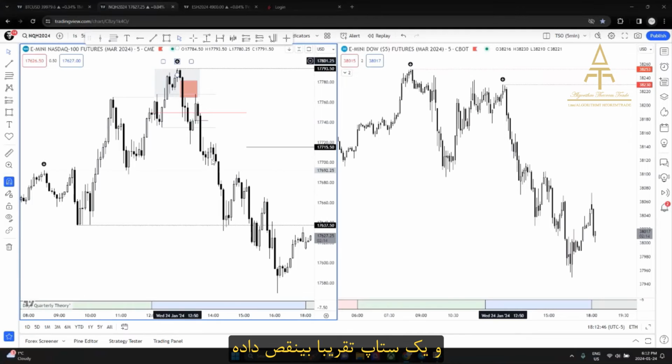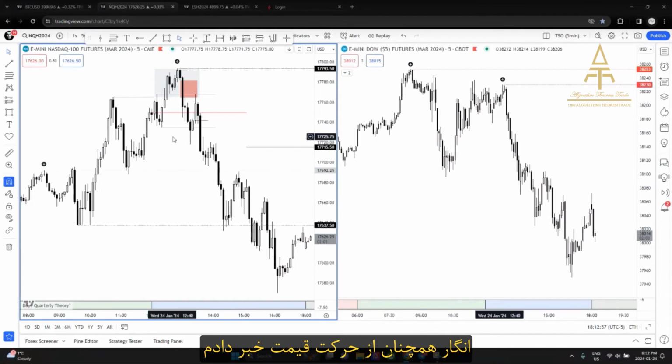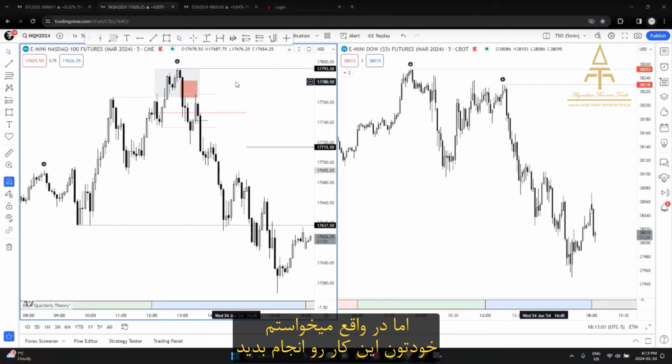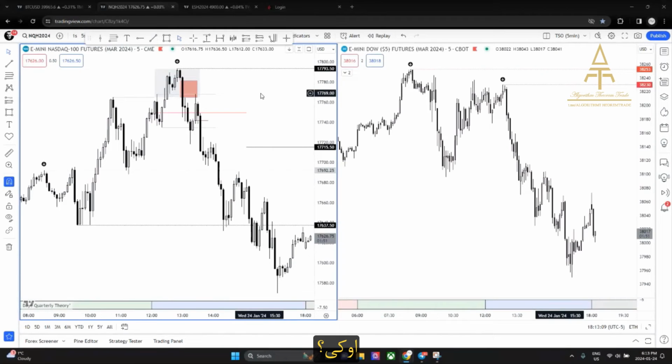We got an almost perfect setup. I tried not to give a signal this morning, but I ended up still calling price. But I actually wanted you guys to do this yourself, which is why I told you to focus on Wednesday and Thursday, right?